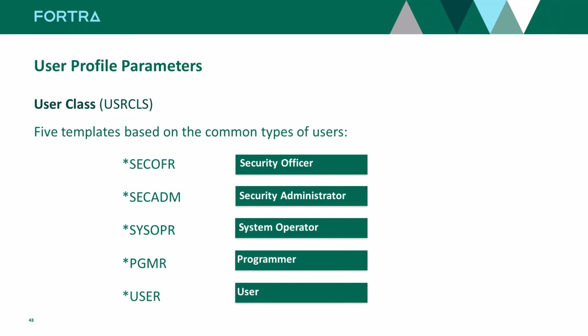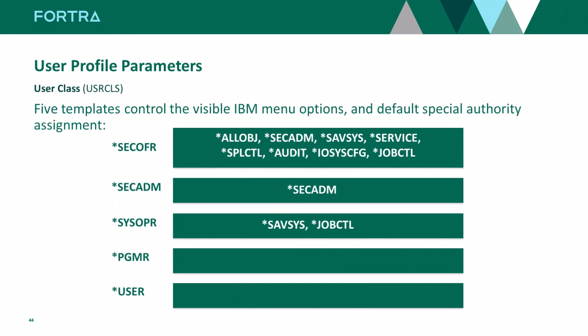So when we look at the different user classes, we're going to see that with the *SECOFR class, when that value is used, all of the special authorities are set for the user profile. If the *SECADM user class is used, only the *SECADM special authority is assigned.